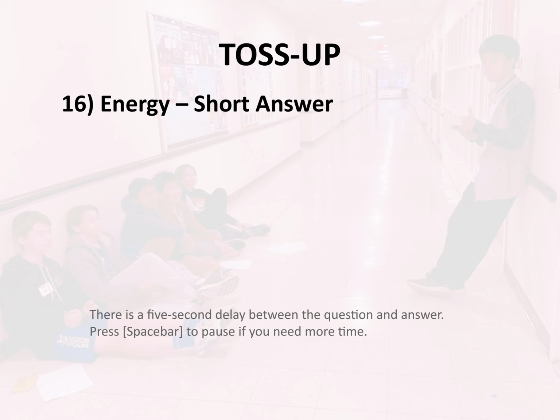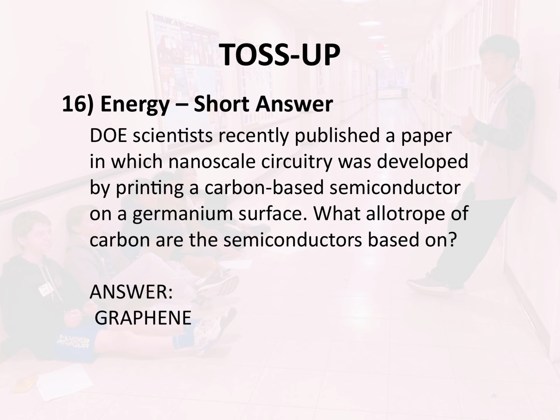Energy, short answer. DOE scientists recently published a paper in which nanoscale circuitry was developed by printing a carbon-based semiconductor on a germanium surface. What allotrope of carbon are the semiconductors based on? Answer: graphene.